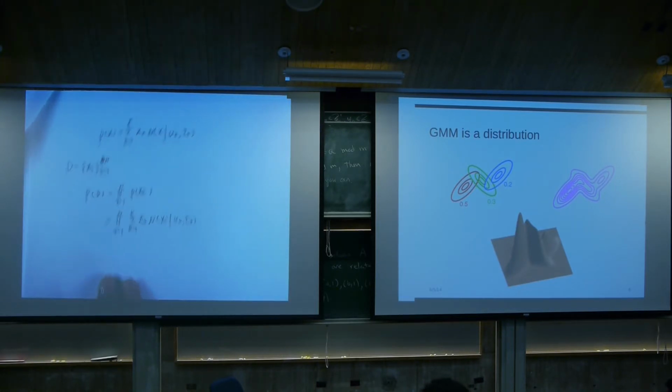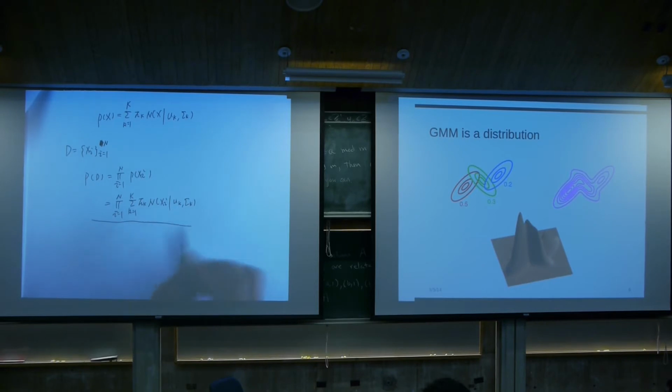This is a function with respect to pi_k, mu_k, and sigma_k. So you maximize this function, and it will give you the values of pi_k, mu_k, and sigma_k.